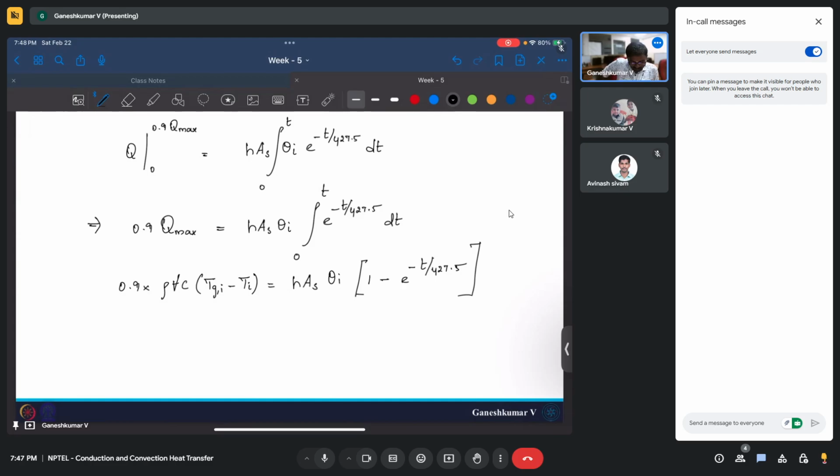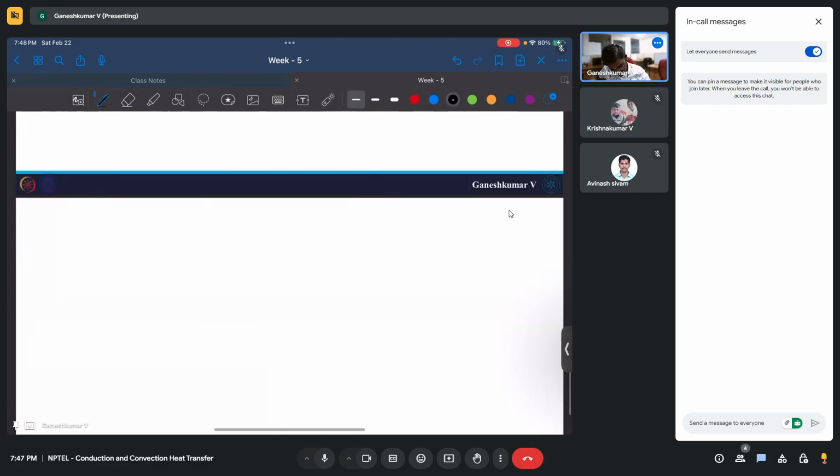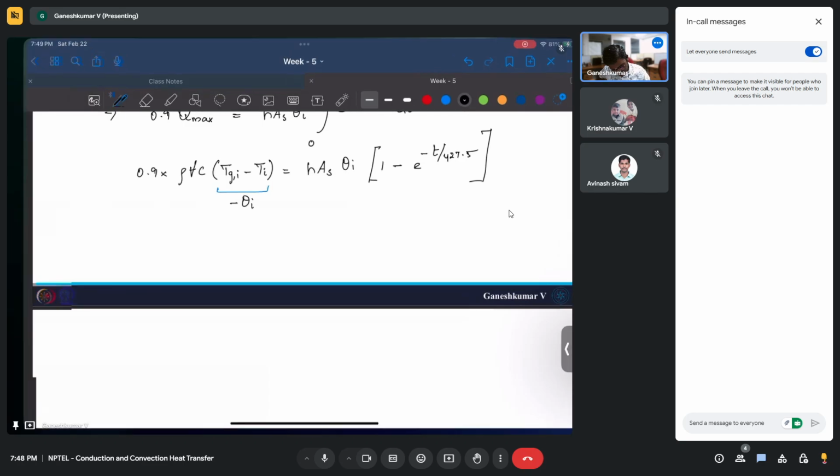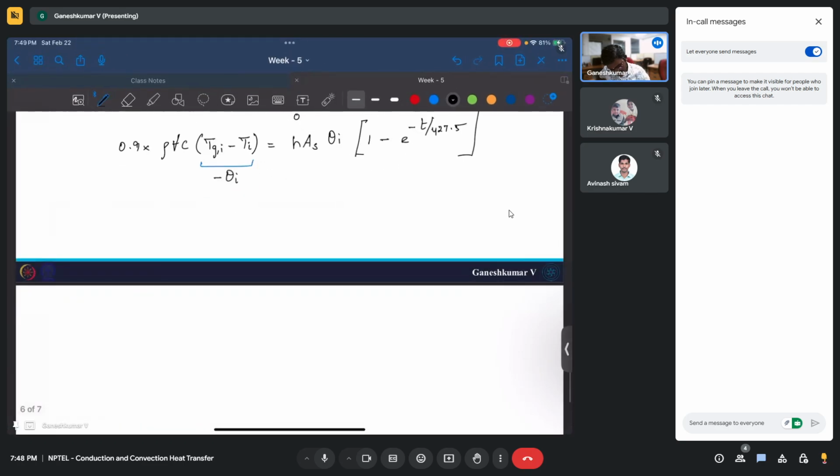This is what you will get. Now what you can do, this one and this one, if you look, this is nothing but minus theta i. This is theta i, and what is this one? Rho V c and h A s.